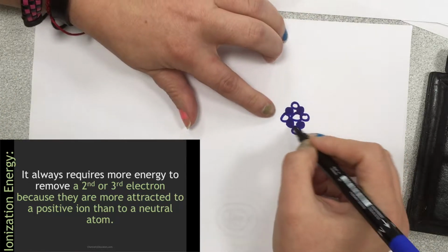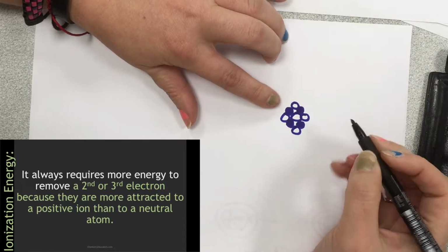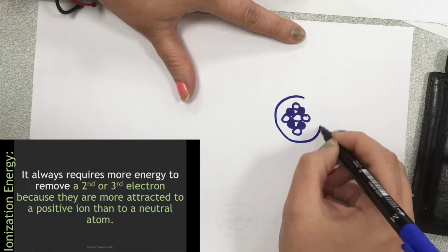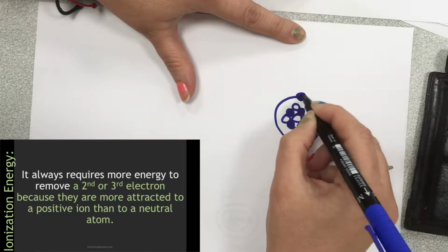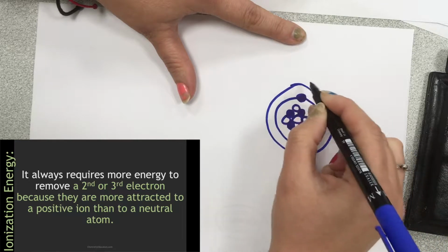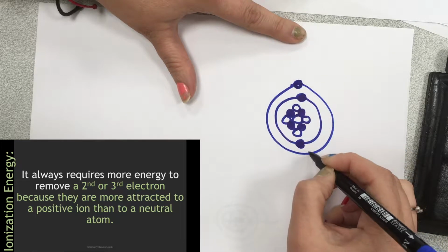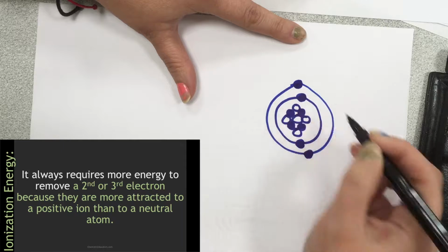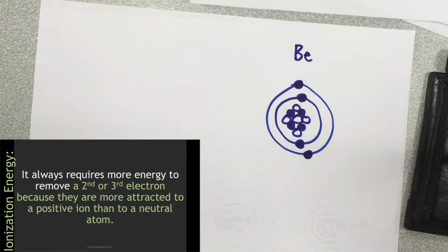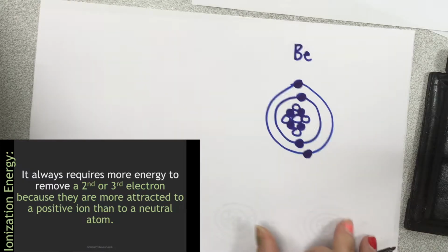So that's beryllium's nucleus, and then it has 4 protons if it's neutral. So one energy level will have 1, 2 electrons, and then we have 3, 4 electrons. So we're told this is beryllium, and this is kind of the neutral atom represented in the planetary model.